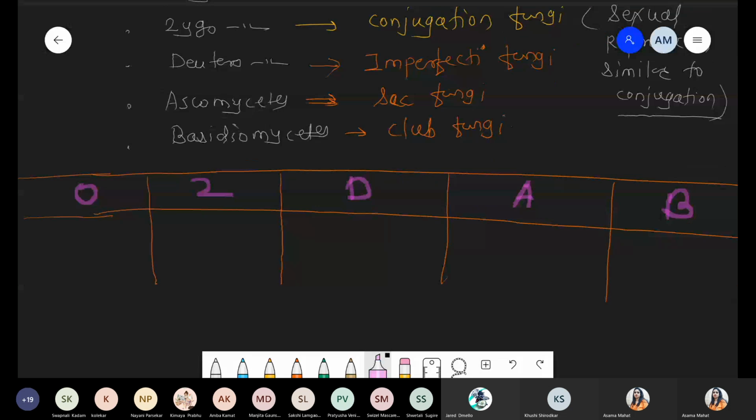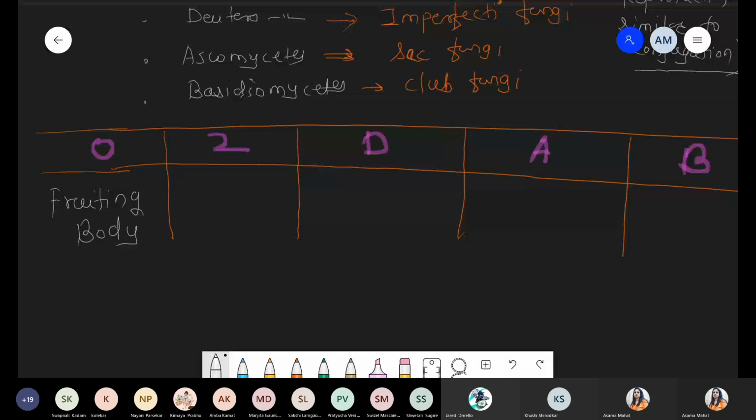Next point, the fruiting body. Initially, in these three classes, oomycetes, zygomycetes, deuteromycetes, the fruiting body is totally absent. So just give the cross: absent, absent, absent.